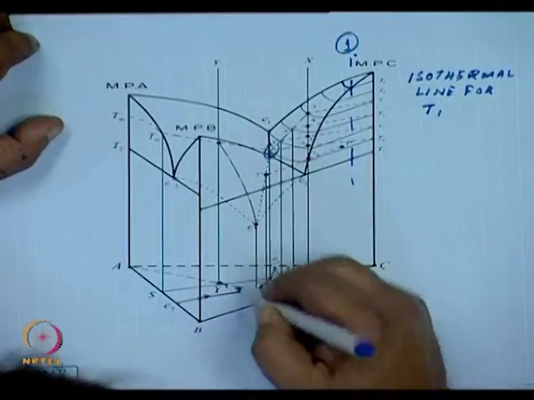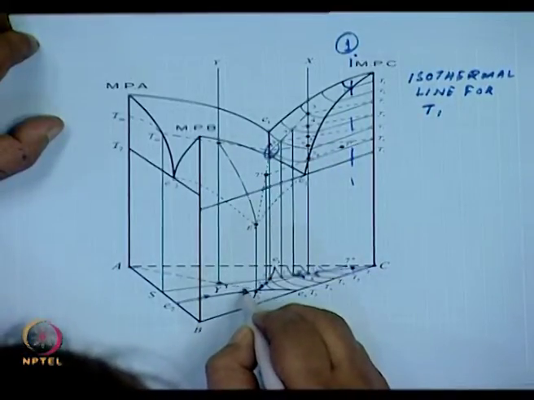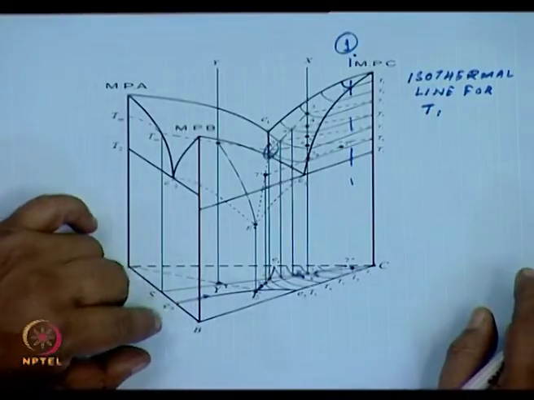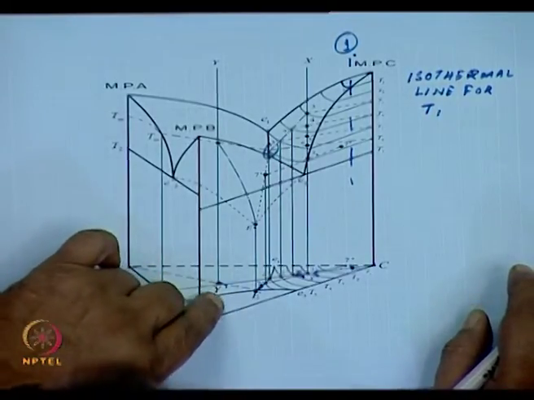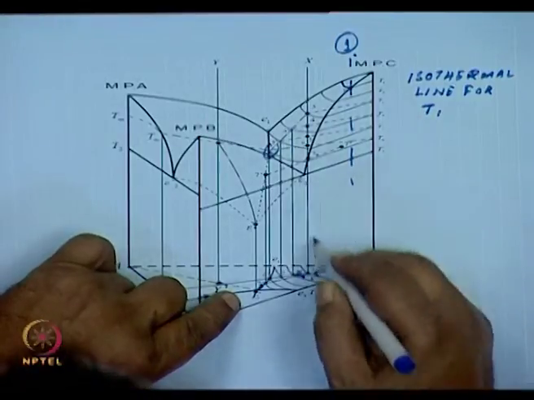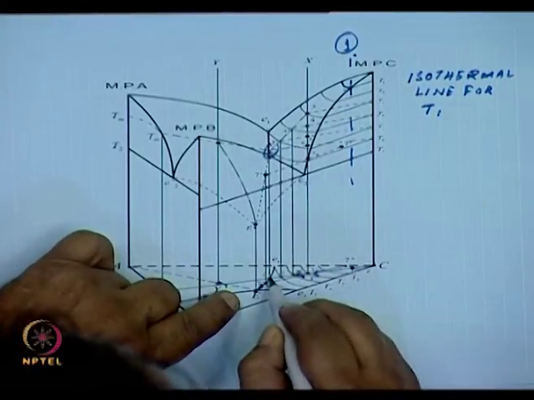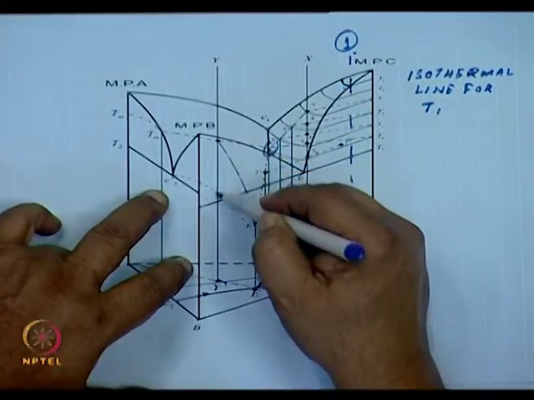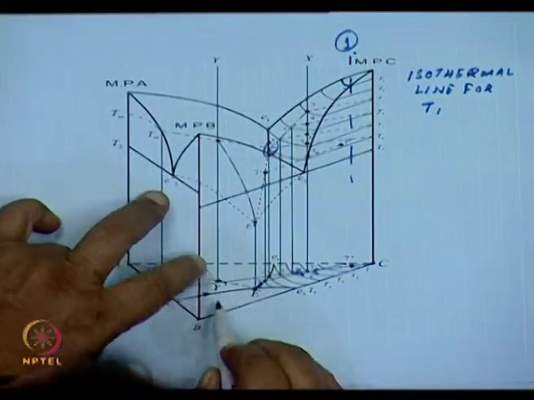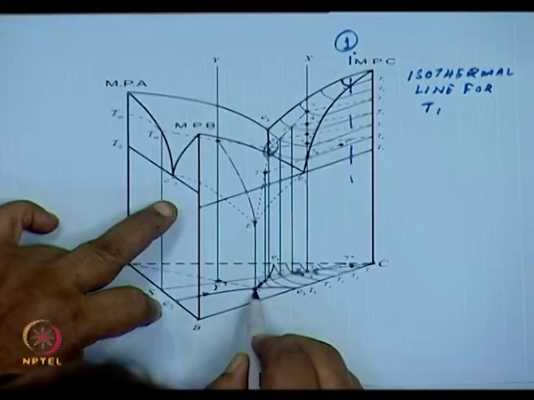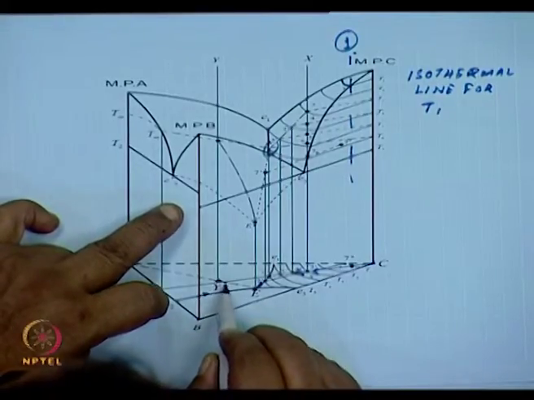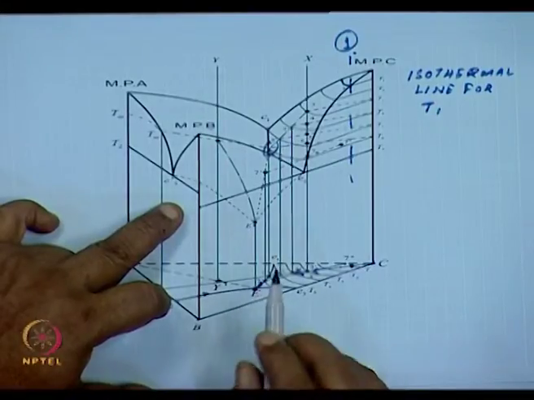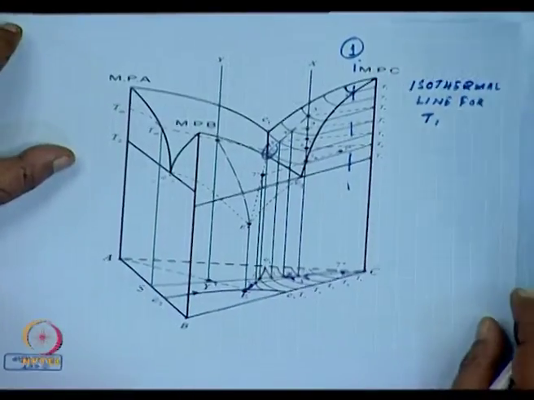It would come here and then it would come straight over here. It would not follow this because there is no intersection. Here you have to remember this cooling path intersects the E1E line. Here for this Y, the cooling path does not intersect the E2E line. So Y would directly come down here without any other routes.